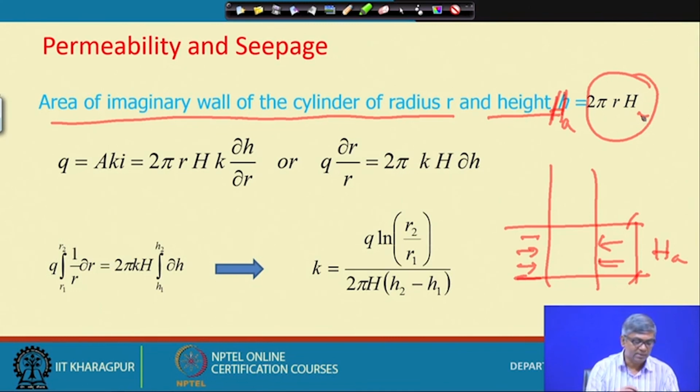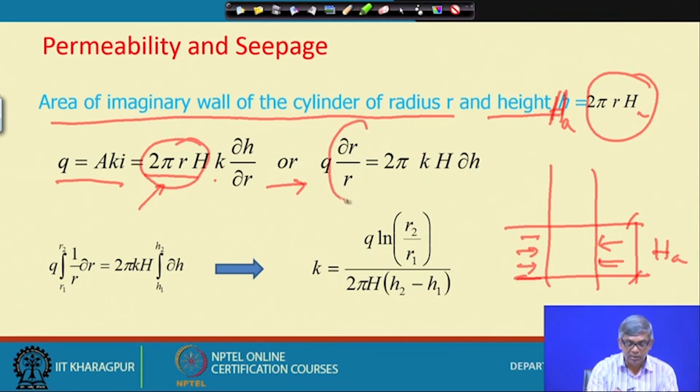Like the previous case, q equals a k i, and that is 2 pi r into h. Now a is substituted by this, whereas in the previous case it was substituted by 2 pi r into small h, which was a variable, and k and i are the same as previous, i being del h by del r. If I simplify, then q del r by r equals 2 pi k h a del h.